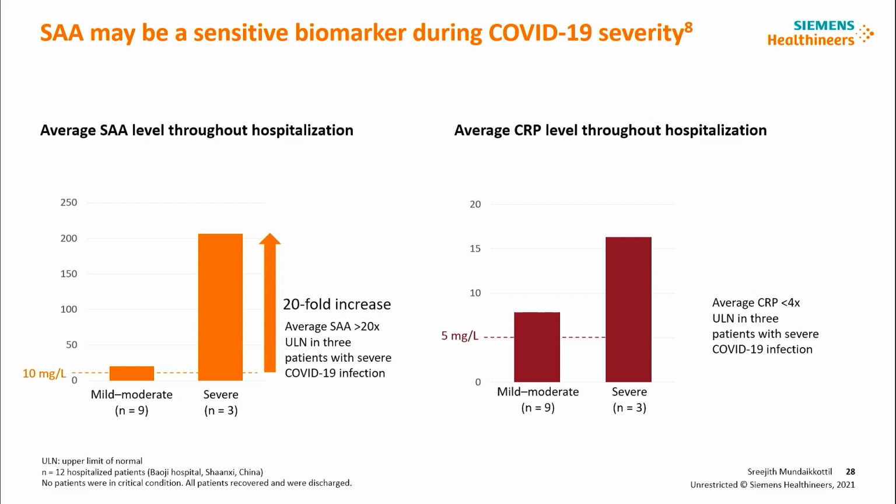Because in this case, it will increase up to 20 folds compared to CRP that can increase only 2 times. And that's why this means a very severe COVID-19 infection. And CRP doesn't say anything because it doesn't increase significantly like the serum amyloid A.